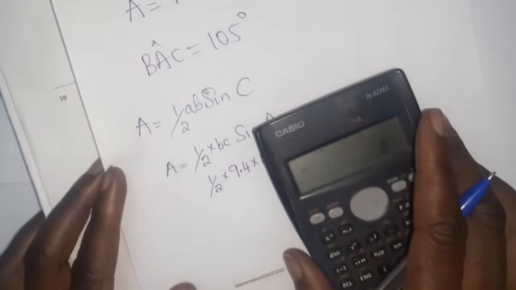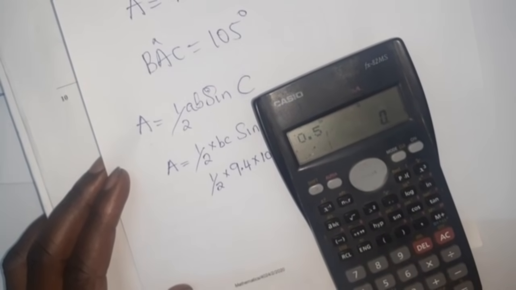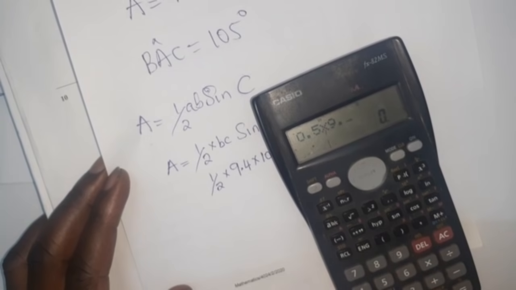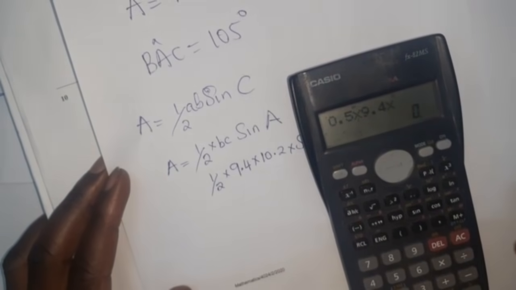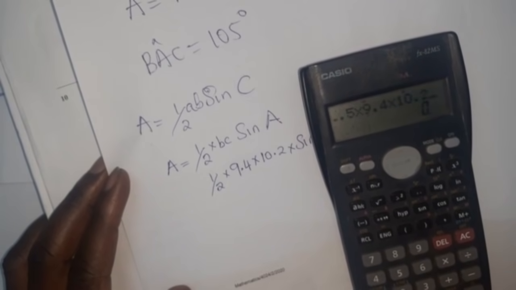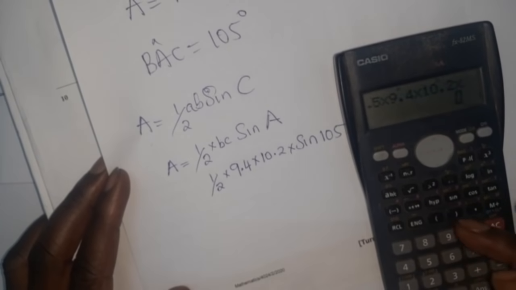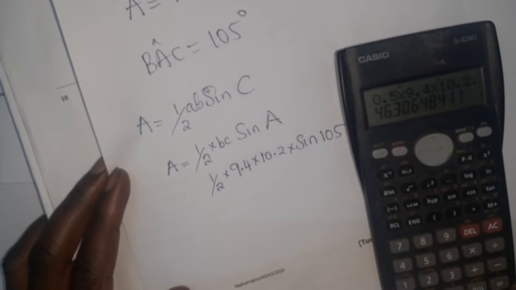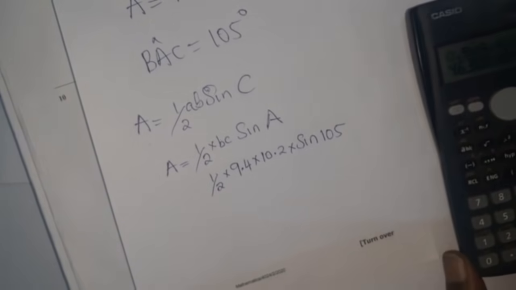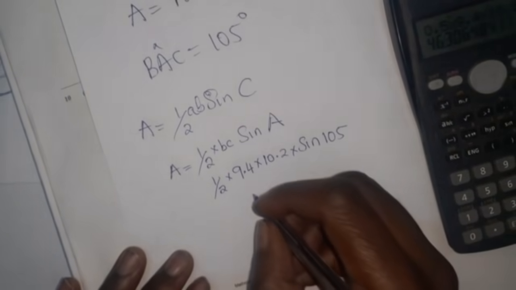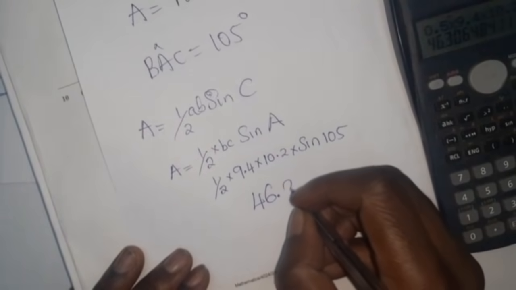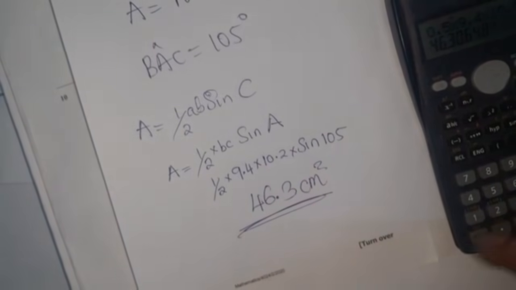So we can put these things and say 0.5 multiplied by 9.4 multiplied by 10.2 multiplied by sine 105 equals, okay, so we're going to get 46.3 centimeters square, correct to 3 significant figures. That is what we're going to have.